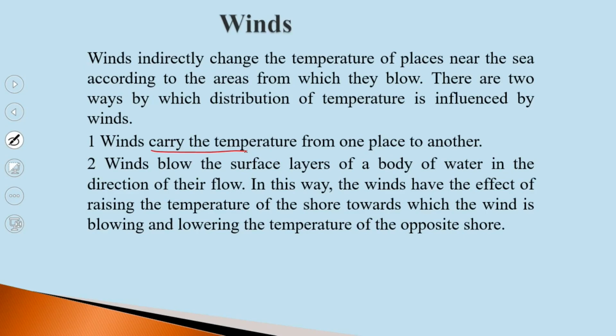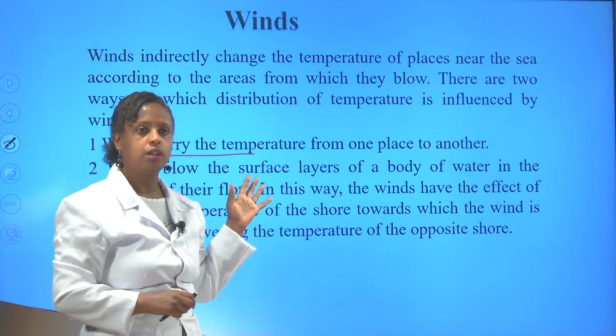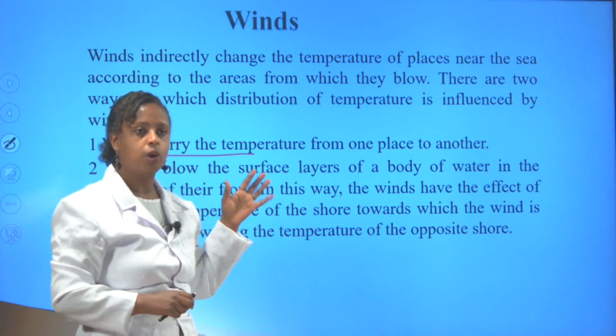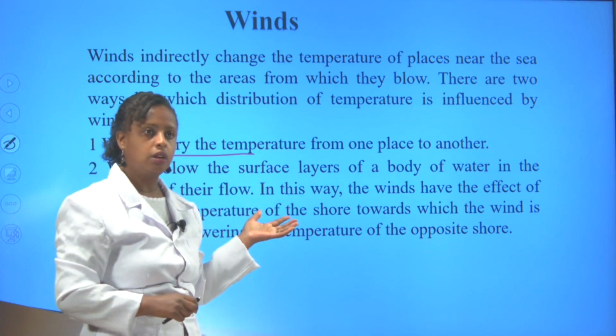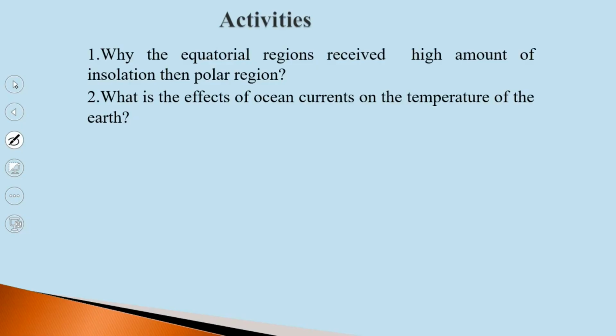In this way, winds have the effect of raising the temperature of the shore towards which the wind is blowing and lowering the temperature of the opposite shore. These are the major factors which affect the amount of temperature on the Earth's surface.